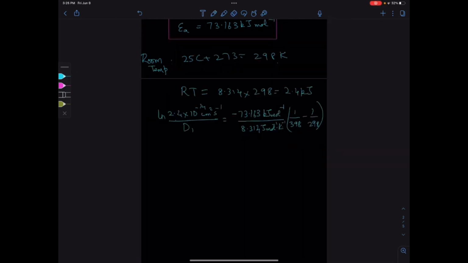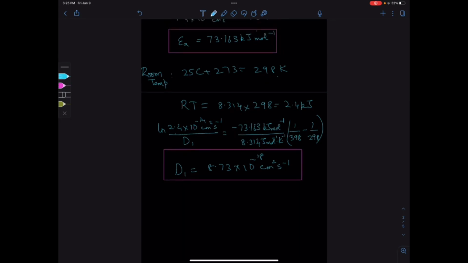So D1 is 8.73 times 10 to the negative 18 centimeters squared per second. So the diffusion coefficient at room temperature is much less.